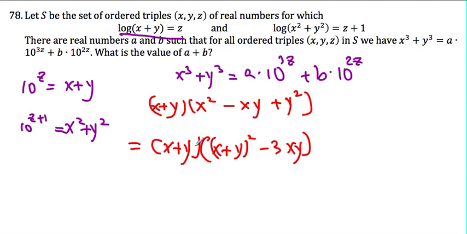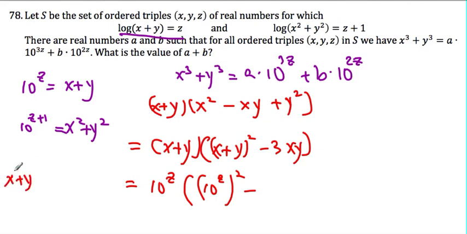But then here we have x plus y is 10 to the z power, so we have 10 to the z power. Here 10 to the z squared minus, oh, now we need to figure out what x times y is. We can figure out x times y from here, because x plus y squared minus x squared minus y squared becomes 2xy.